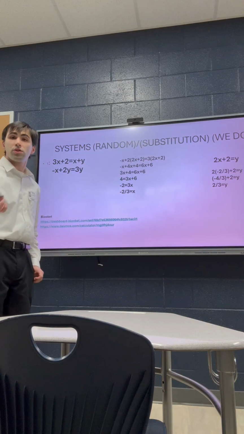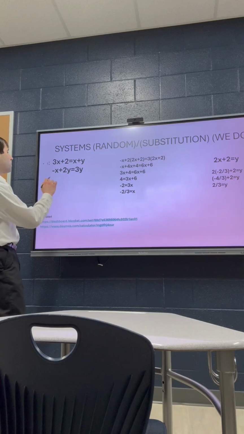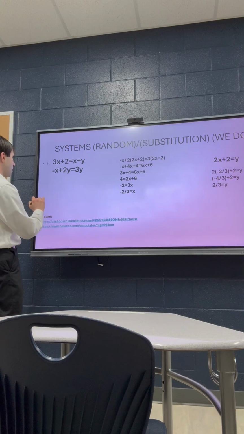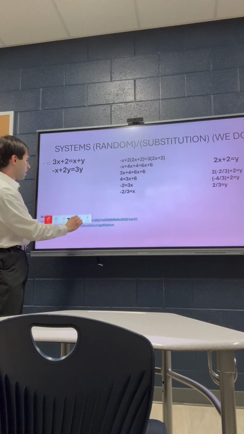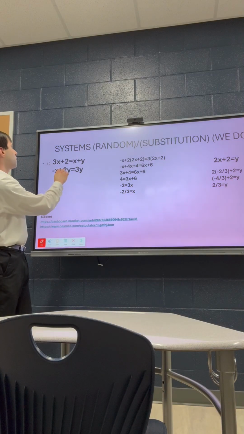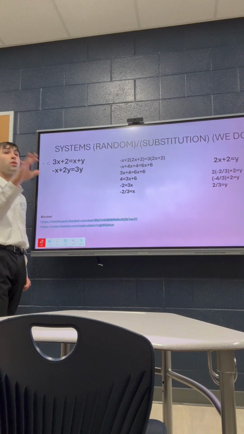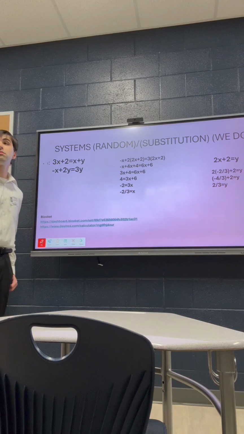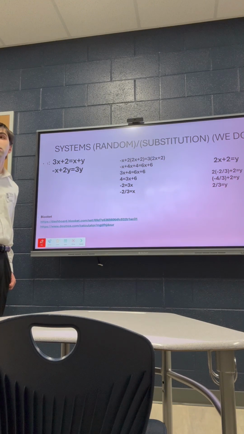Okay, so let's try another one together. What do we have here? How can we solve 3x plus 2 equals x plus y? What are some ideas? How do we get y by itself, first of all?